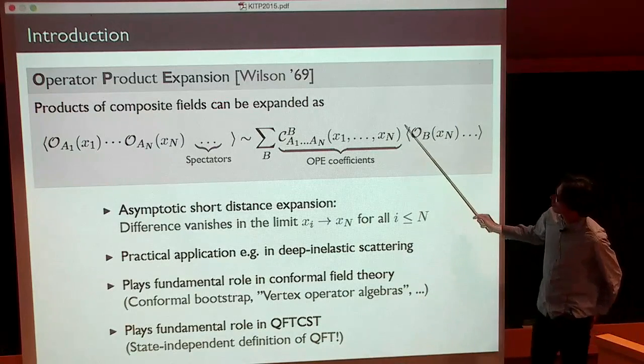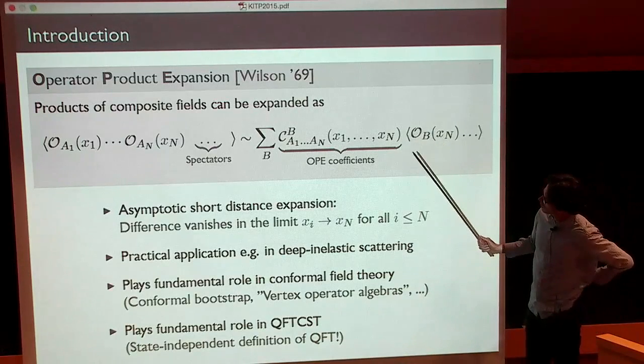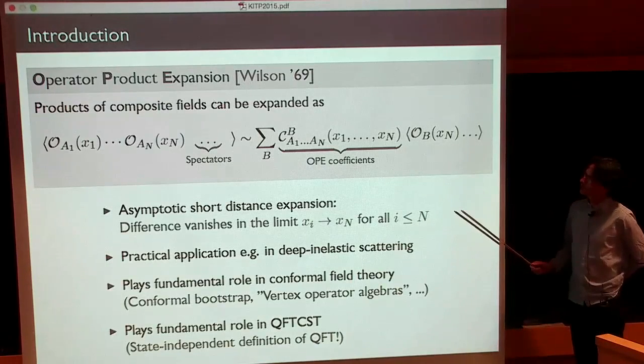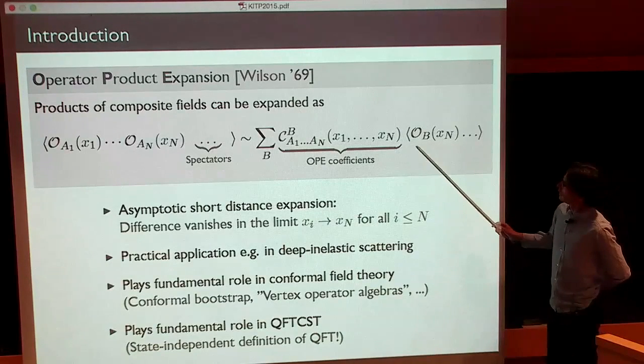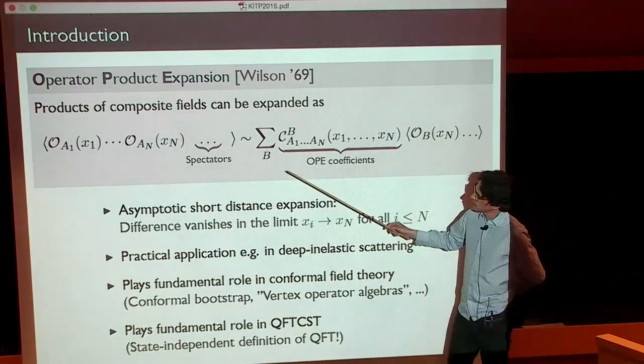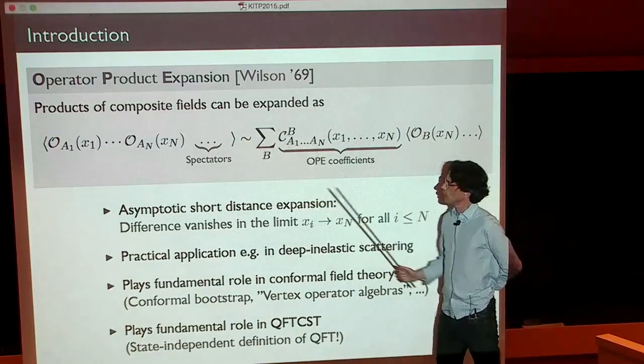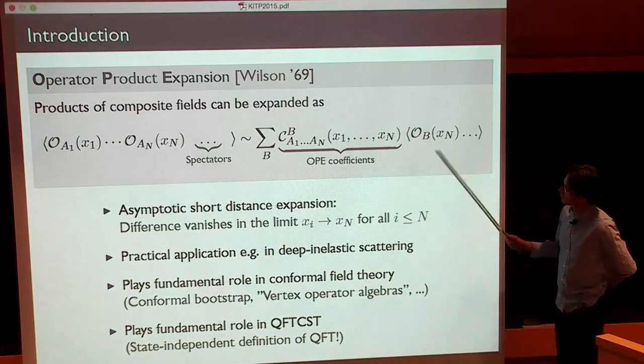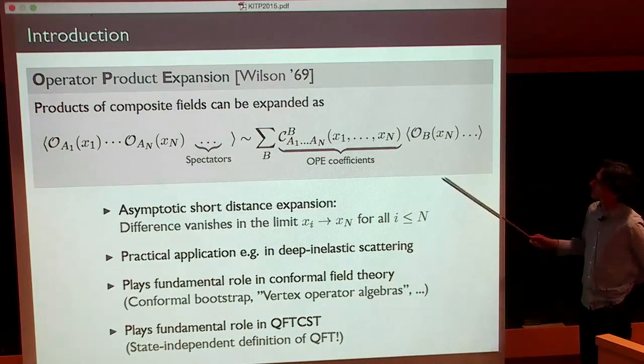So I like it very much because it's very natural if you consider field theories in curved spacetime. And the point is really that in curved spacetime you don't have a distinguished vacuum state, so you have a whole bunch of states, and these states will depend on complicated boundary conditions and so forth.